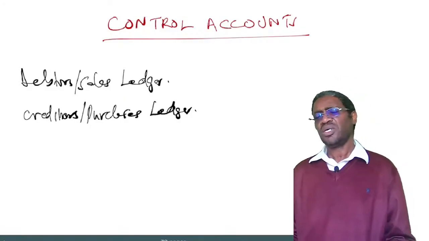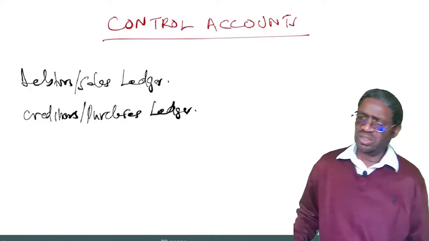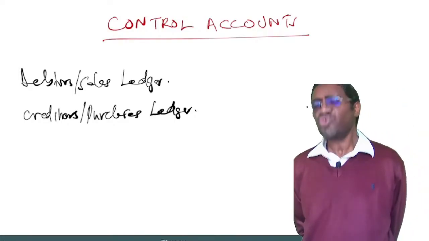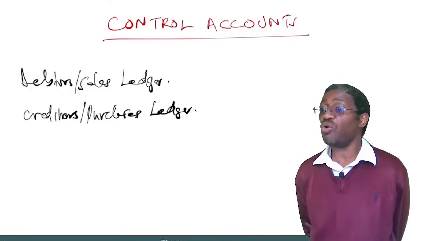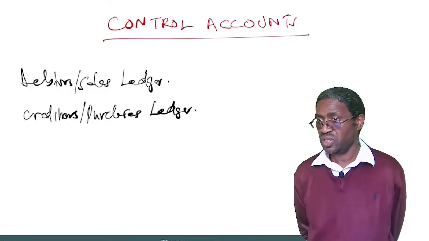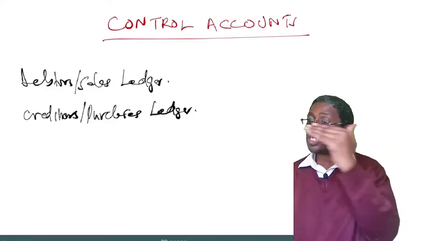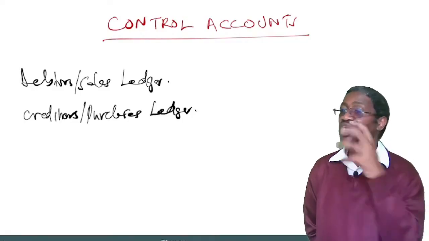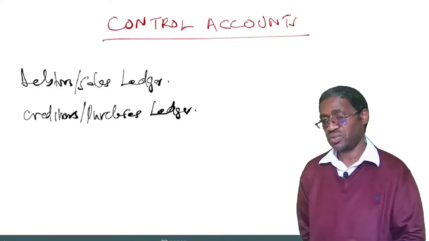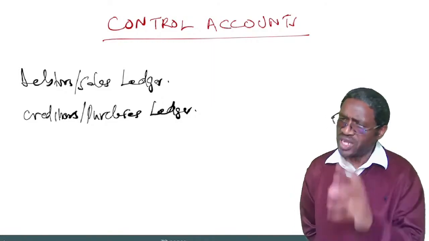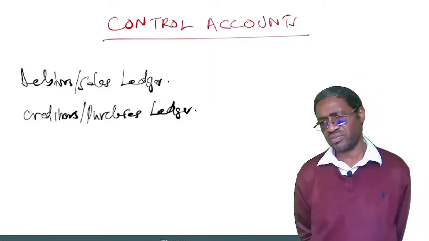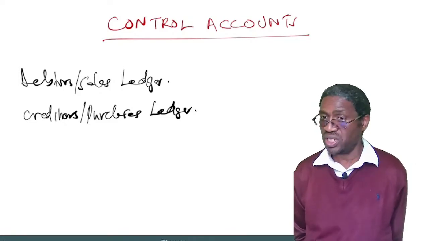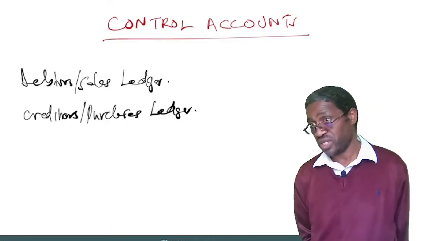Now, you may want to know whether you have been doing the right thing in the recording of the accounts. Remember, you have been recording the transactions in the accounts in the ledgers. So you want to know whether your ledgers are correct, or whether the entries you made in the accounts in the debtors ledger are correct.